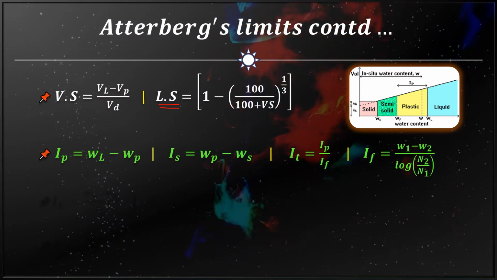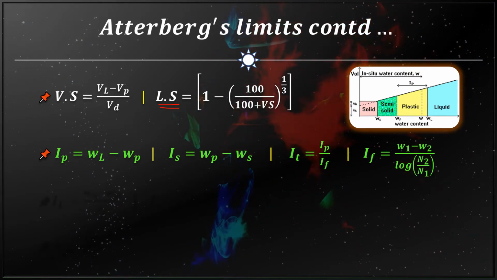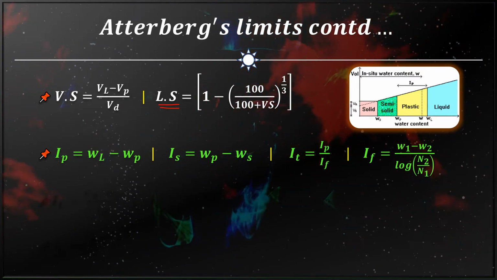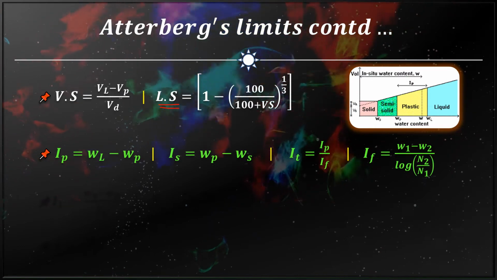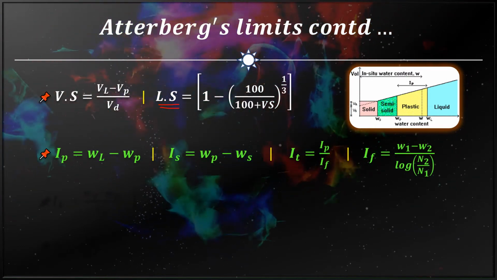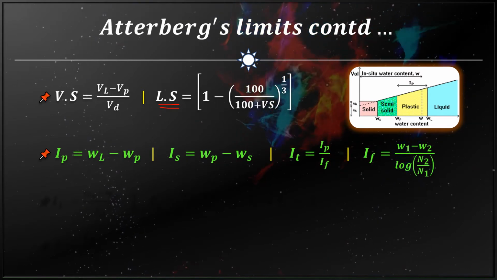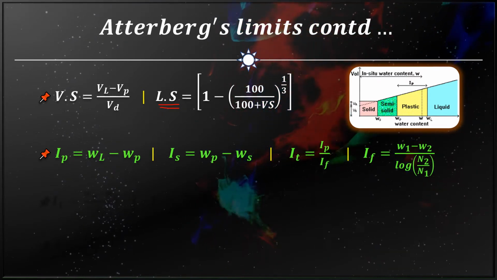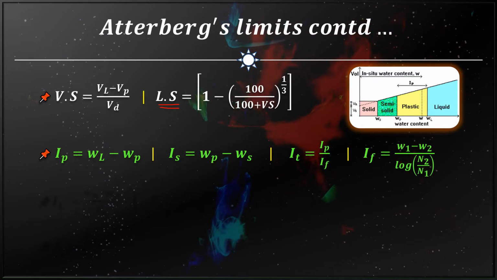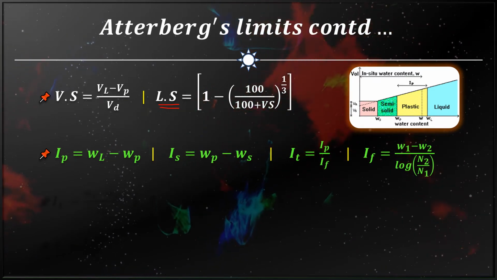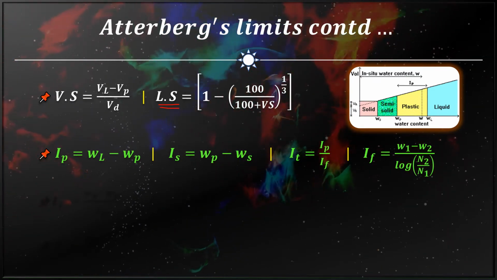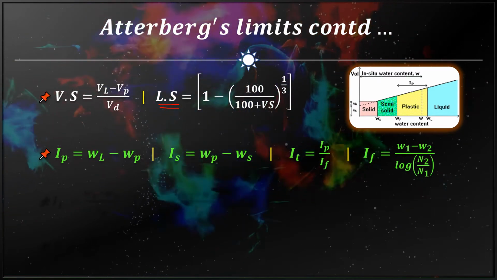And now we shall see some indices: plasticity index, shrinkage index, toughness index, and flow index. So plasticity index is given by WL minus WP, the difference between liquid limit and plastic limit. And IS, that is the shrinkage index, is given by plastic limit minus shrinkage limit. And IT is the toughness index, IP by IF, the ratio of plasticity index to flow index.